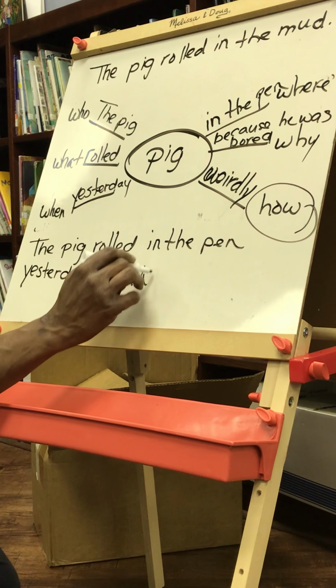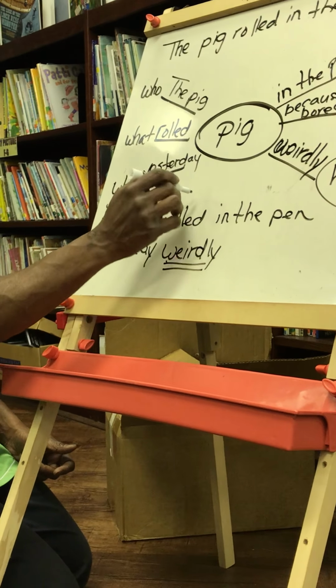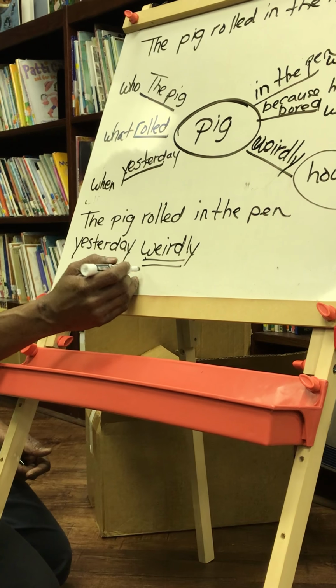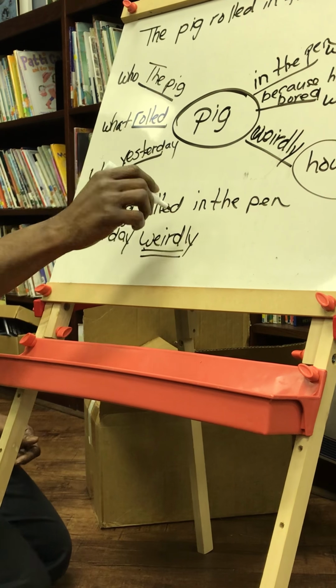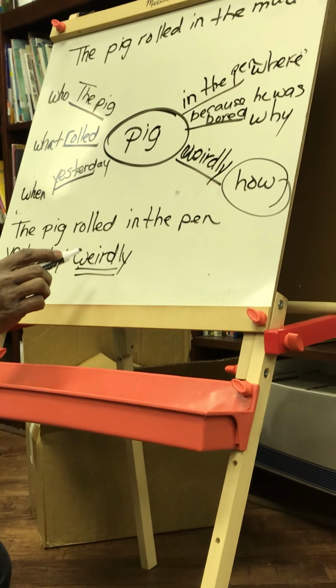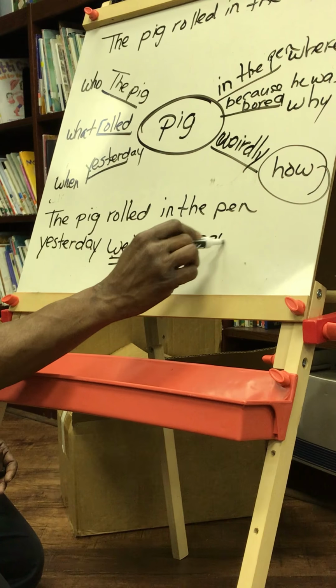Now, I'll go ahead and write weirdly down. But normally, a word that describes something needs to be beside whatever it's describing. So weirdly describes how he rolled, so I would say the pig rolled weirdly. But we'll finish this and we can fix it later. What have you not used yet? Because he was bored.